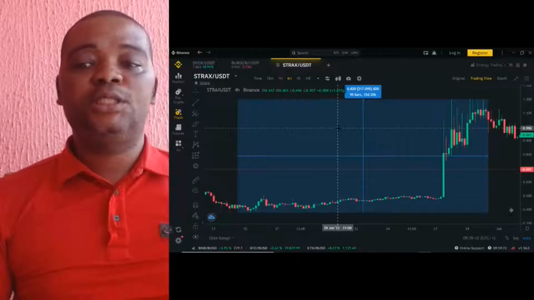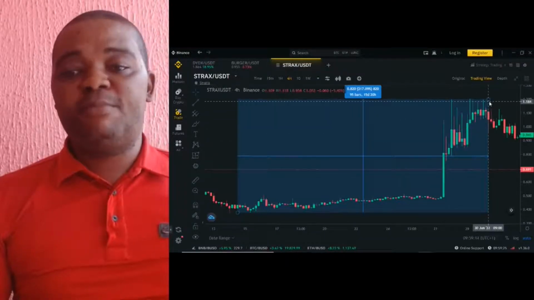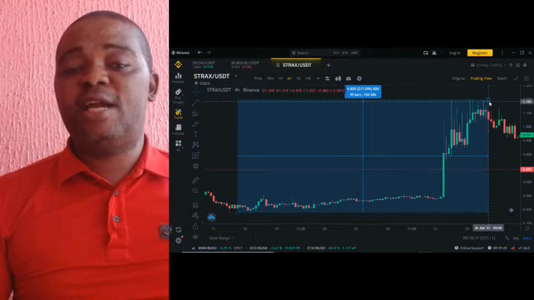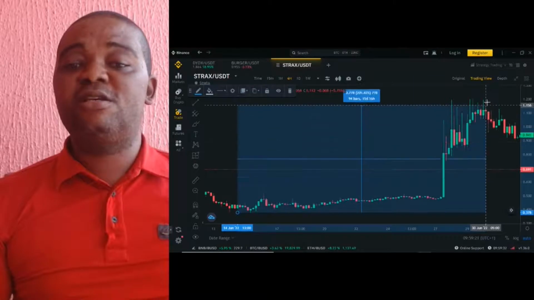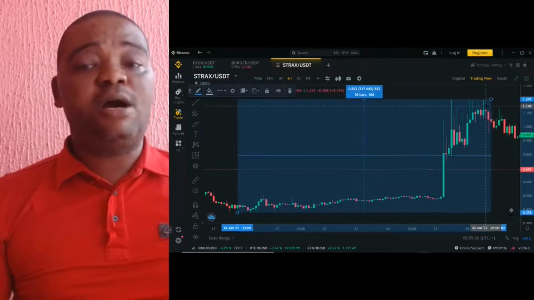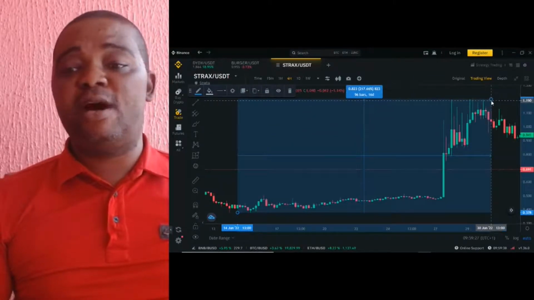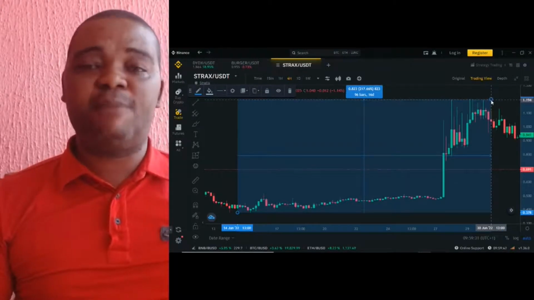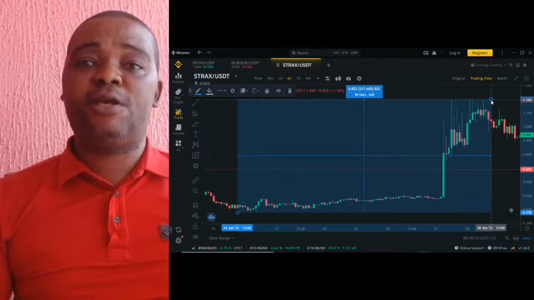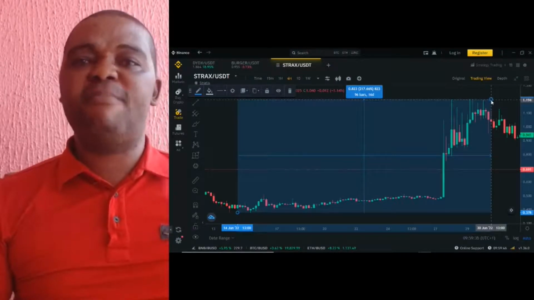For example, let's say you opened a long trade position with $100 worth of trading capital. You would have made approximately 150% profit going long on this bullish trend section, and 150% of $100 will be approximately $150 worth of absolute profit from this particular trade, which is an amazing profit already.